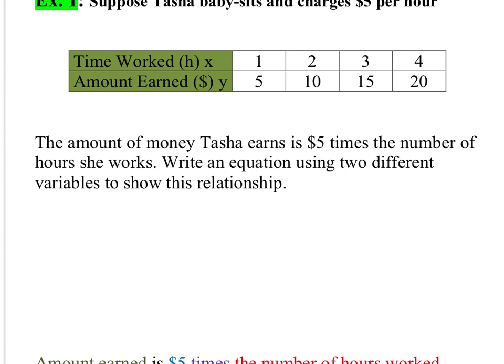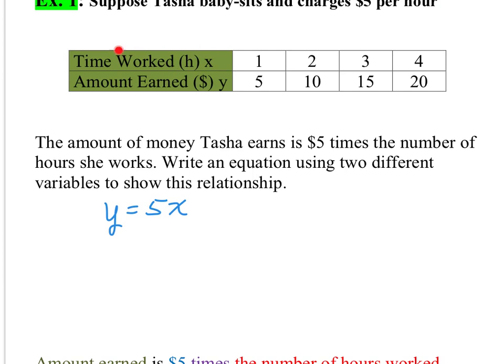If you write an equation using 2 different variables to show this relationship, it would look like y, which we're going to use for the amount of money that she earned, because that's what it says here. So the amount of money that she earns is determined by taking $5 per hour and multiplying it by the number of hours that she worked.